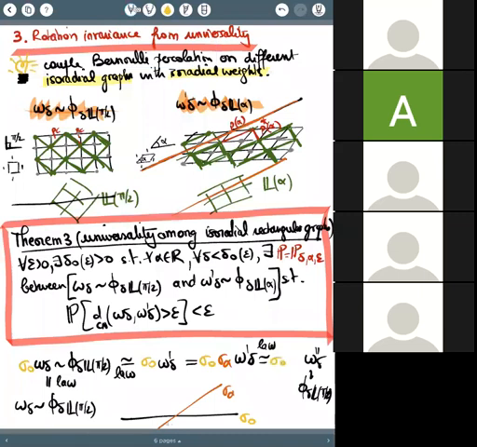So what I got is a chain of relations between omega delta, which is sampled on delta times L pi over 2, and omega double prime delta, which is sampled on delta L pi over 2. But the good thing about this relation is that it's not a relation between omega delta and omega double prime delta.